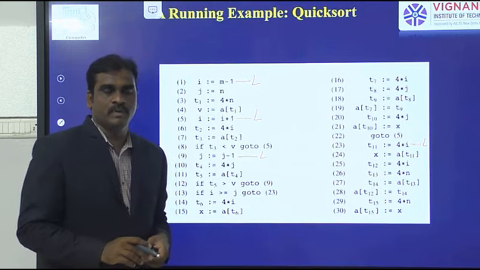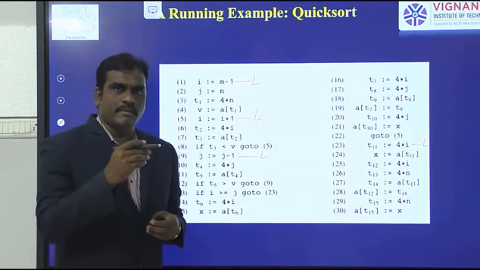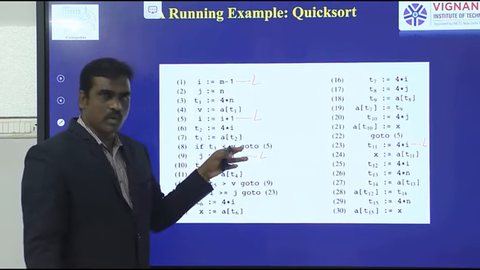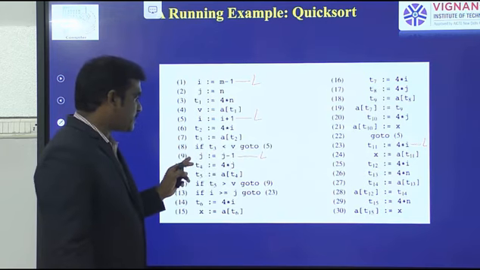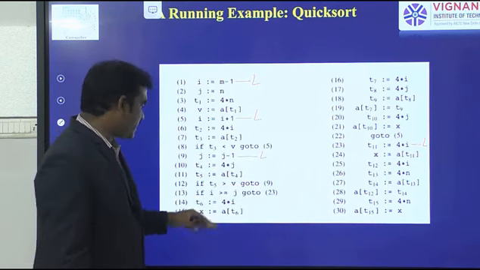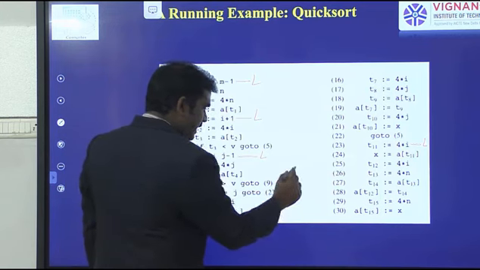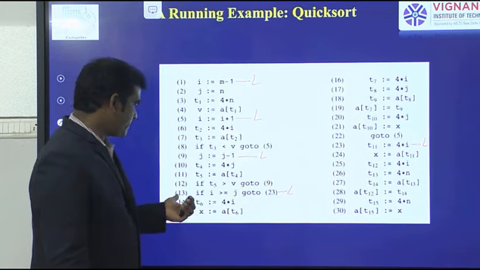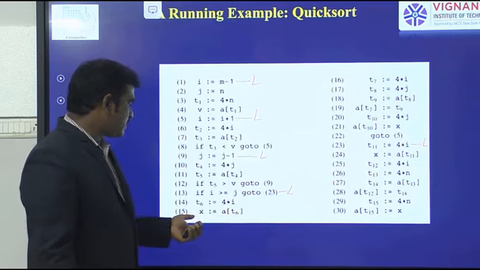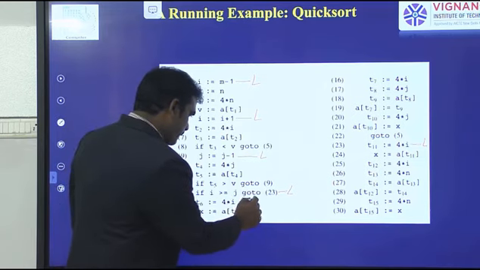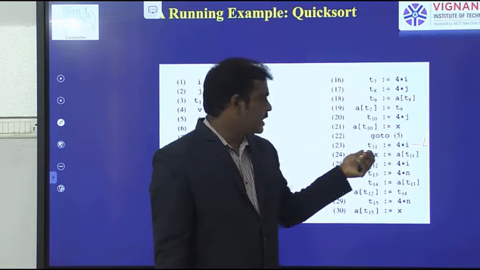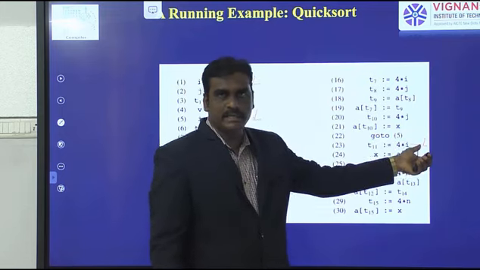Now rule 2 is completed. What is rule 3? The statement that immediately follows a goto is a leader. The 8th statement is a goto, so the 9th statement should be a leader; it is already a leader. Next, the 12th statement is a goto, so automatically the 13th statement is a leader. In the same way, the 13th statement is a goto, so the 14th statement is also a leader. Next, the 22nd statement is a goto, so the 23rd statement is a leader; it is already there.